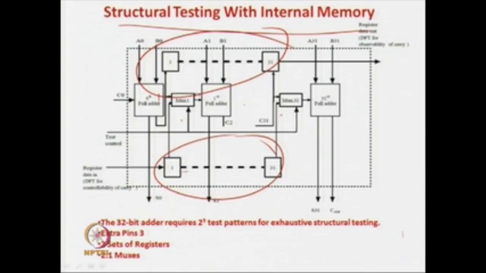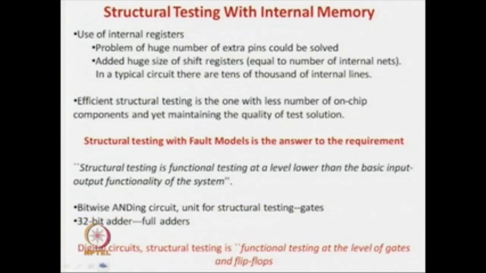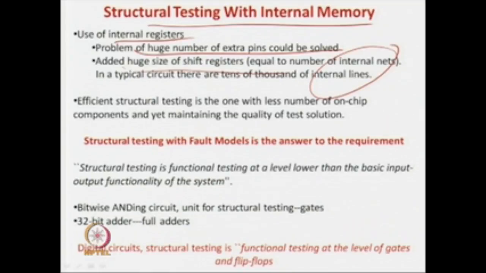In this case we have solved the problem, but we have added some more area for the registers. Now we will see how we can minimize this extra area. So what we have discussed is that if we are doing structural testing with internal memory, we require internal registers, that is fine, but the huge number of pins has been solved. So what is the number of shift registers? You can say that it is equal to the number of internal lines that have to be tested.